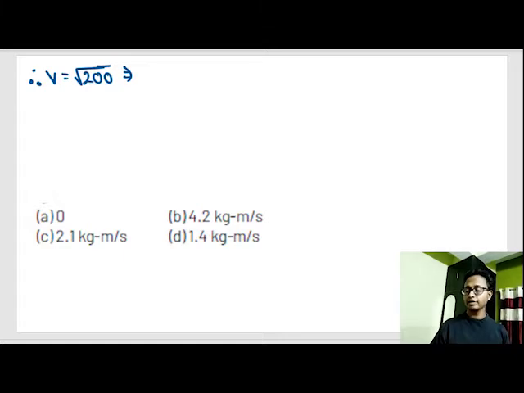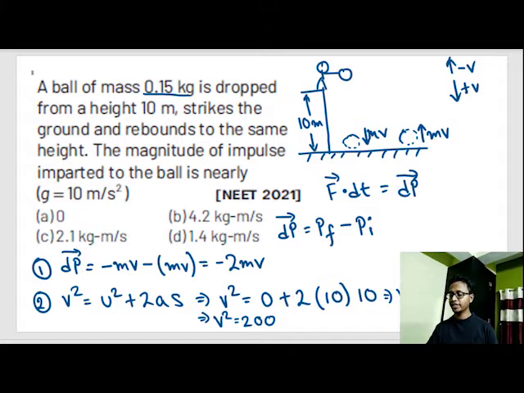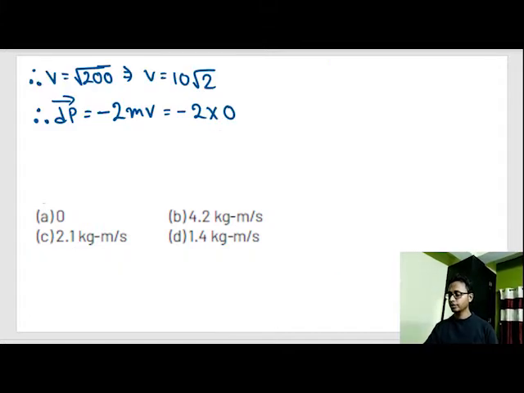You all know how to take the square root of 200. I'm expecting that much. Our dp was nothing but the change in momentum, which was impulse, was nothing but minus 2mv. So minus 2 into m, which was given as 0.15 kg, and the velocity we obtained as 10 root 2.